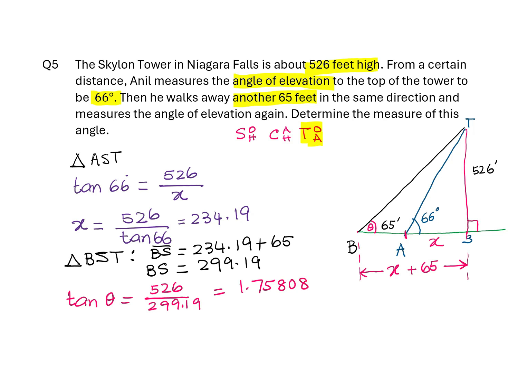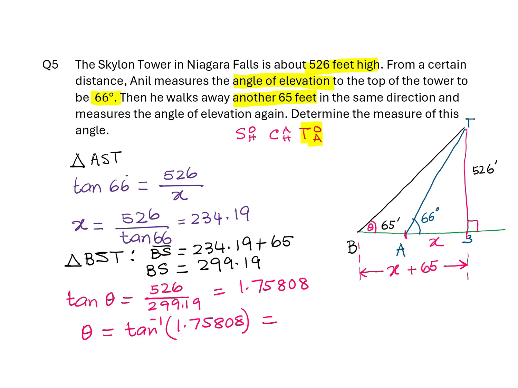That really means that the angle of elevation theta will be equal to tan inverse of 1.75808. At minimum, you should round it to 4 decimal places, right? So we just wrote the value, it's there in the calculator.